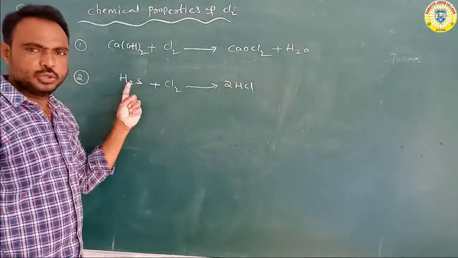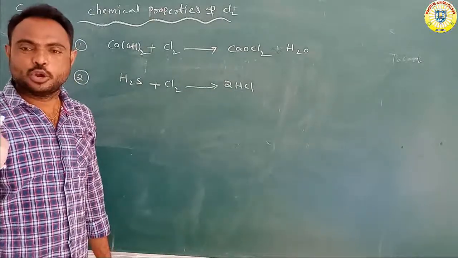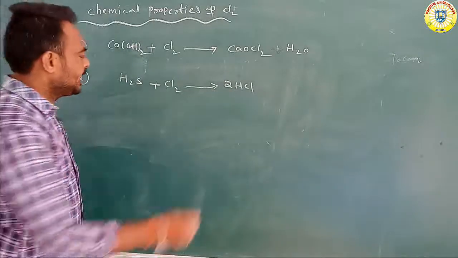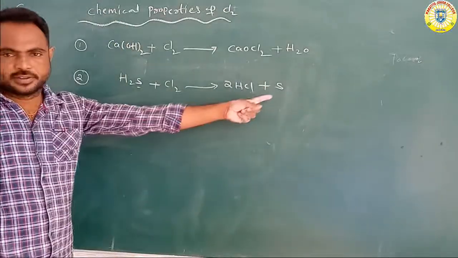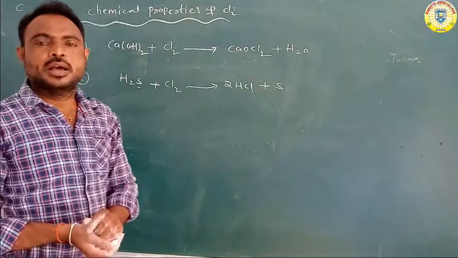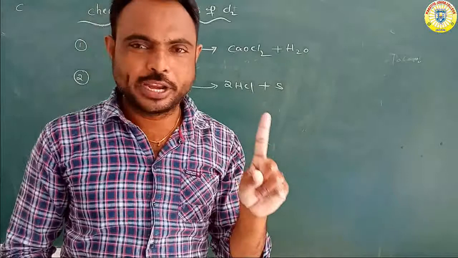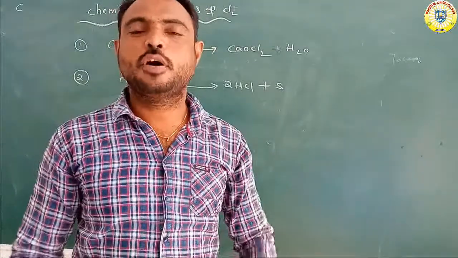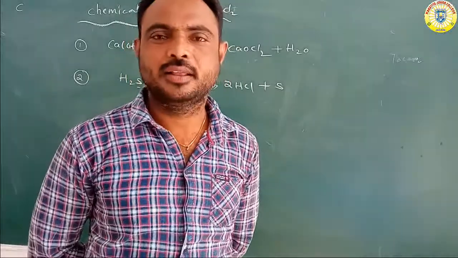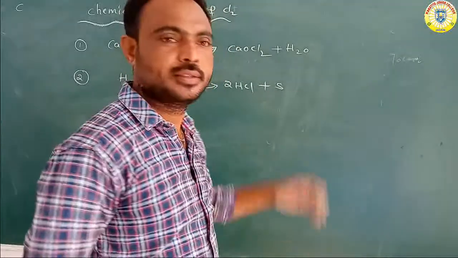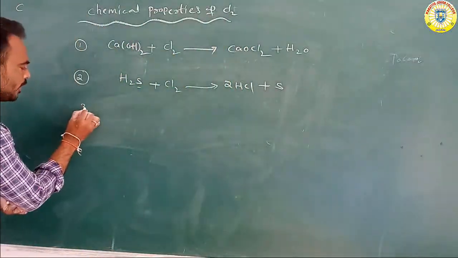HCl means hydrochloric acid. Next further, sulfur. So hydrogen sulfide reacts with chlorine gas to form hydrochloric acid, HCl, and further sulfur.